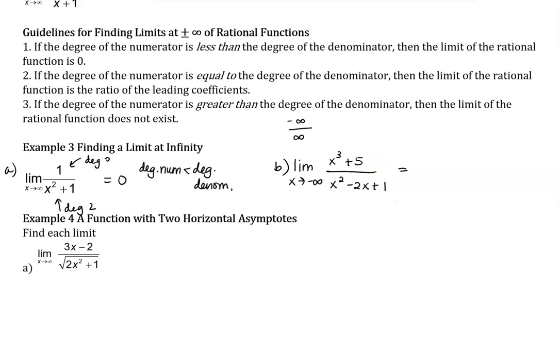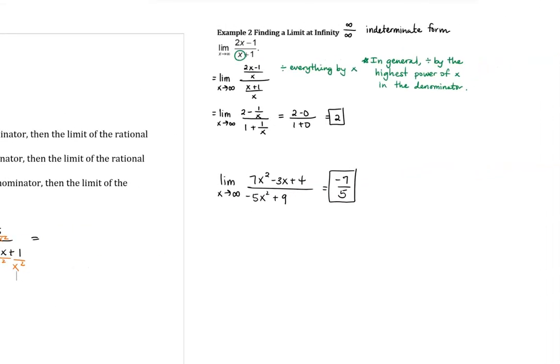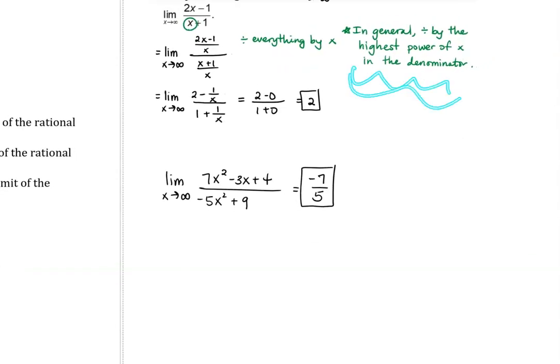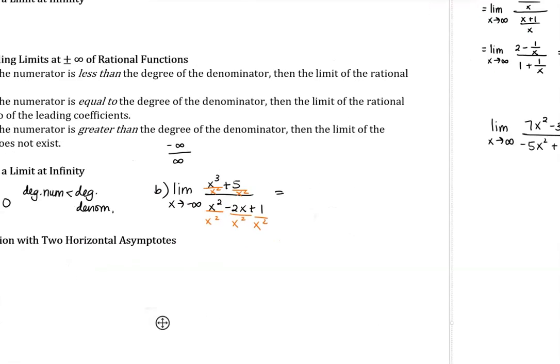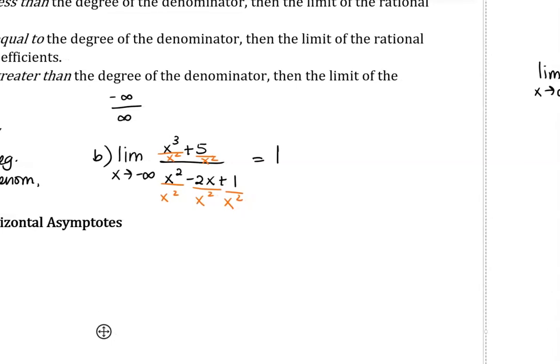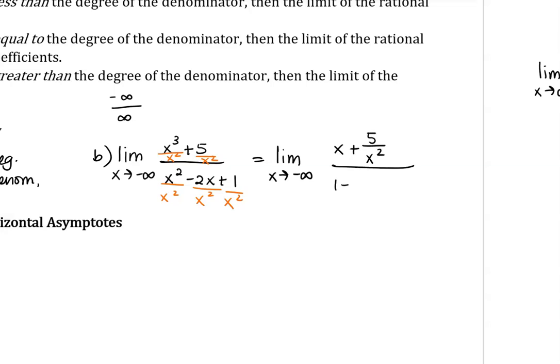And we've seen that illustrated because we know that we can divide everything by x squared. I'm dividing by x squared because that was the highest power of x that showed up in the denominator. Same concept that we applied over here. If I simplify that, I'm left with the limit as x approaches negative infinity of x plus 5 over x squared divided by 1 minus 2 over x plus 1 over x squared.